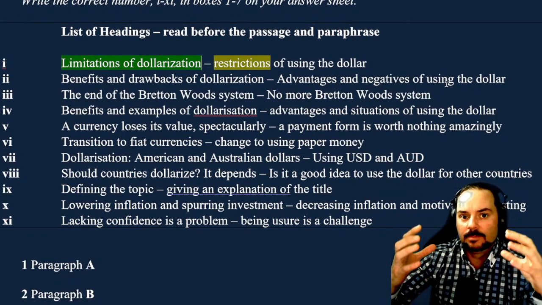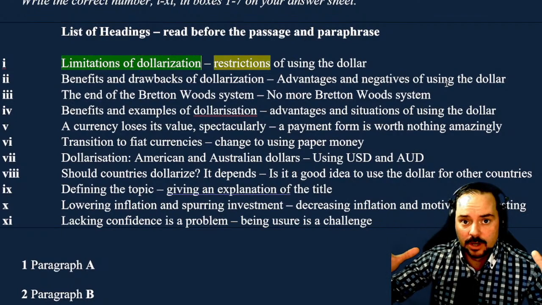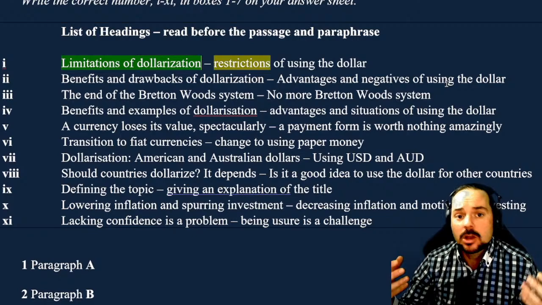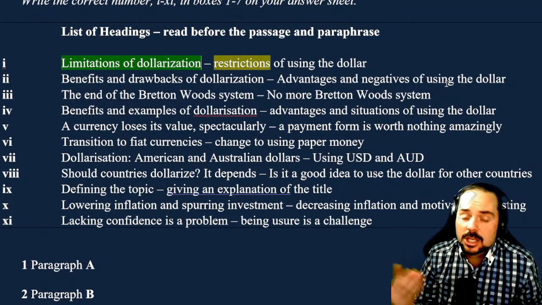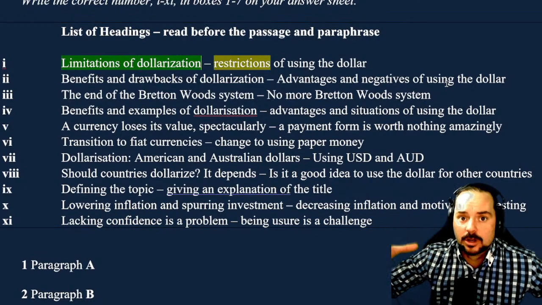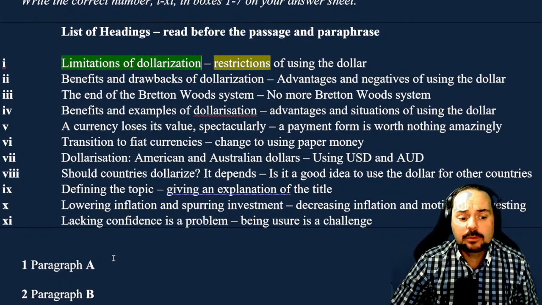So that introductory paragraph explains what full dollarization is, what partial dollarization is, how it works. So it basically defines the topic, which makes sense because it's the introduction to this specific kind of idea of dollarization. Yes, I agree. So it's defining it, and that would be the correct answer.